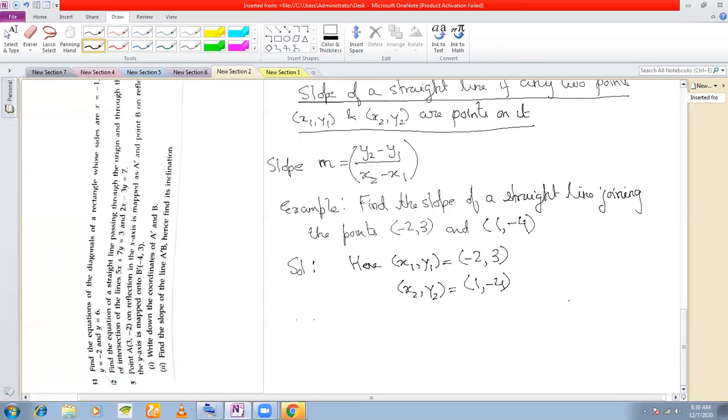Once you get the values of x1, y1, x2, y2, therefore what is the slope? y2 minus y1 by x2 minus x1. Put the values. y2 is minus 4, minus of y1, which is 3, by x2, 1, minus of x1, which is minus 2.